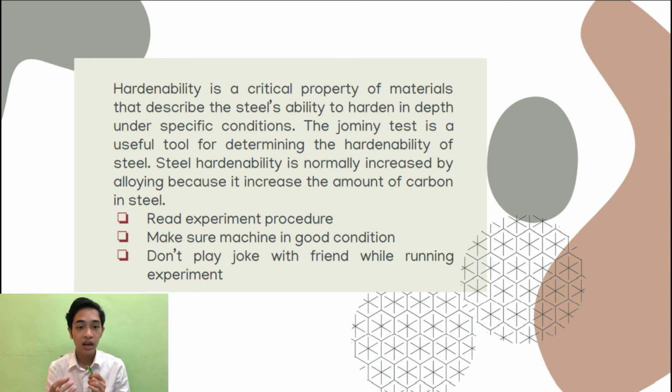Quenching the end of a specimen produces martensite along the depth of the specimen, then assess the ability of this steel specimen to produce martensite with depth by measuring the hardness at various distances from this end.